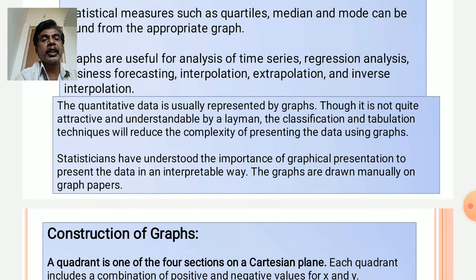Quantitative data is usually represented by graphs, though it is not quite attractive and understandable to a layman. The classification and tabulation techniques will reduce the complexity of presenting the data using graphs.